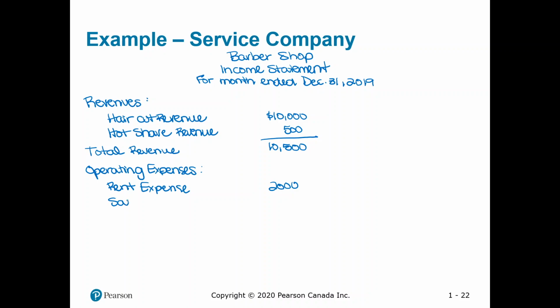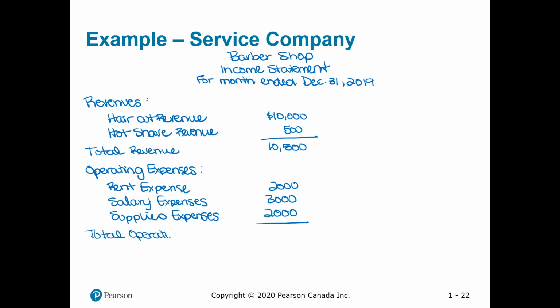There would be salary expense, actually paying the barbers to do the services, it's $3,000, and supplies expense. So the shampoo that they use, the razors for the hot shaves, that type of thing, $2,000. So that's all that they've got. Again, we're going to note our total operating expense. Do the math here, that's $7,000.